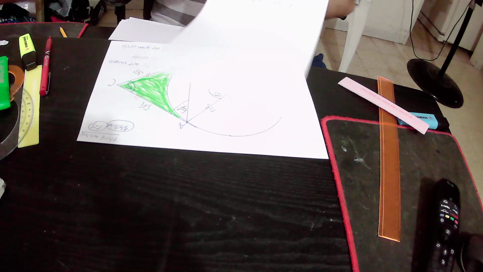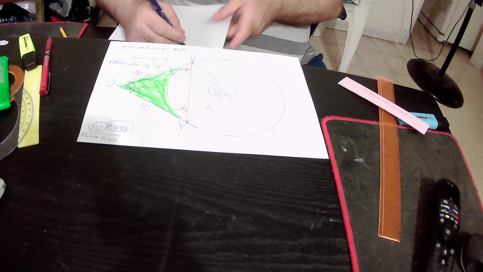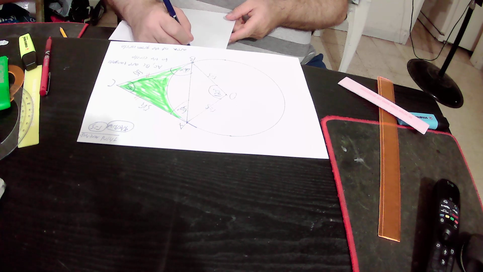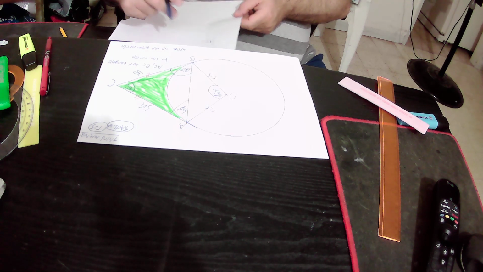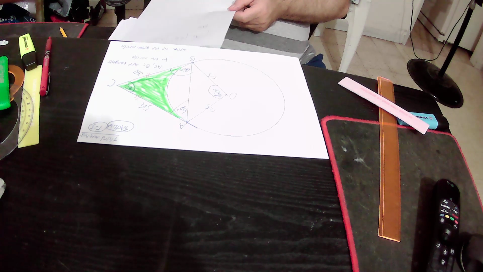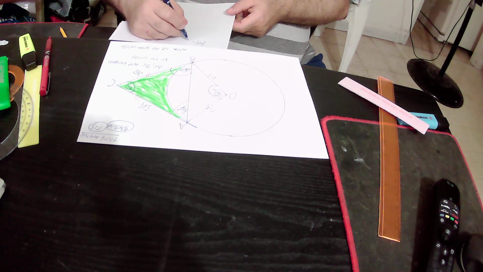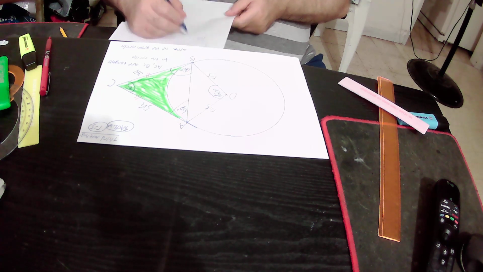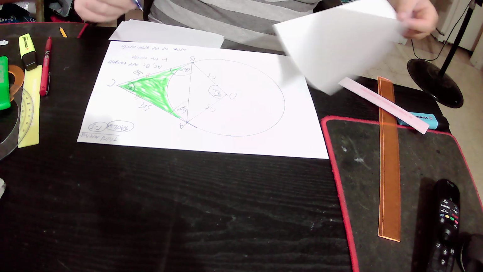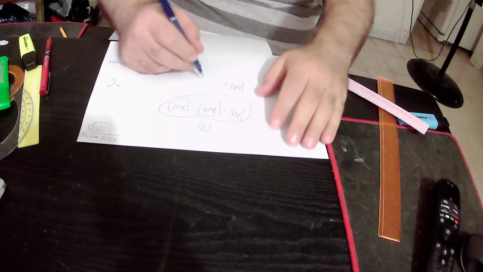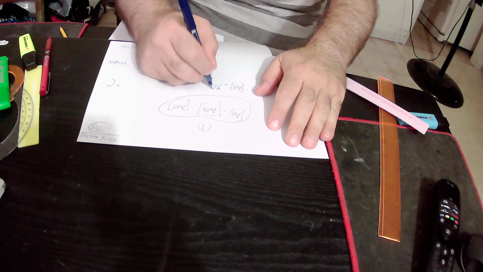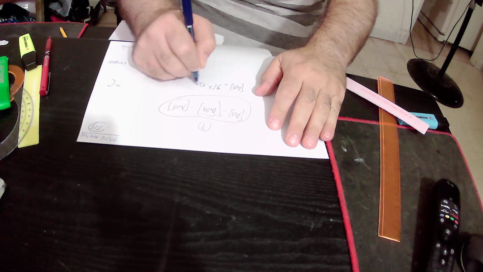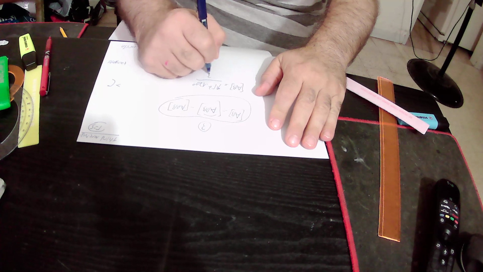And we have already found out that the area of sector AOB equals pi r squared times 120 degrees over 360 degrees.